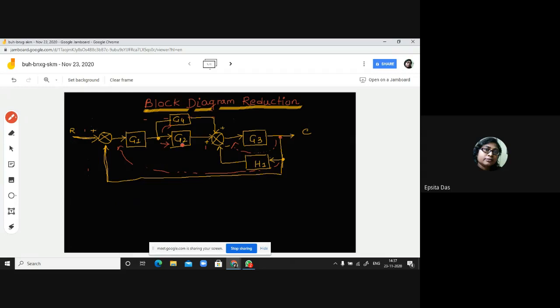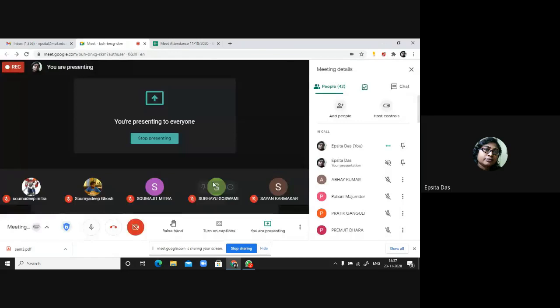Okay. So from this, our first block diagram will look like this. This will be my R. This R is going into the first summer, and from the summer it is going to G1.